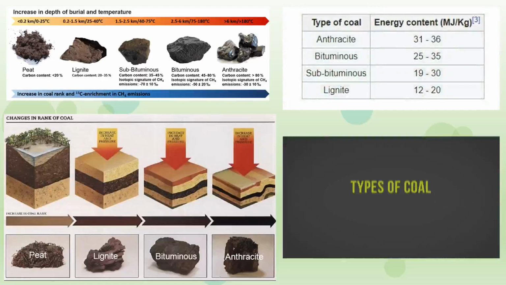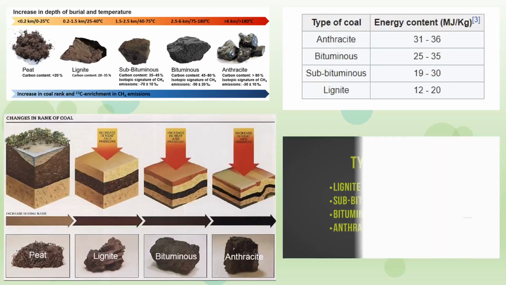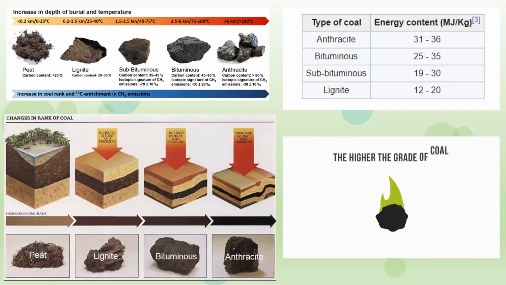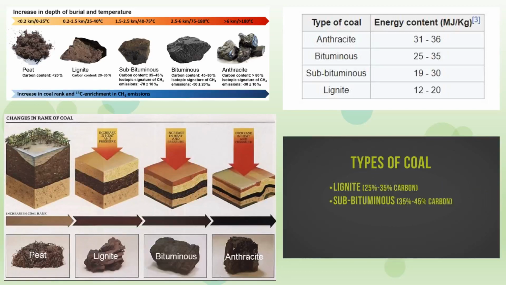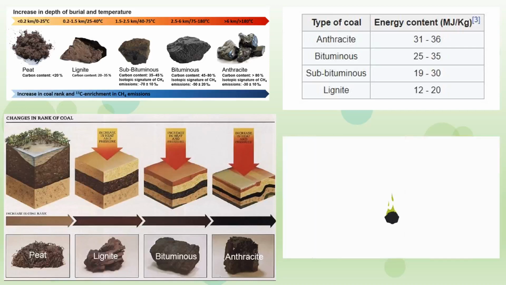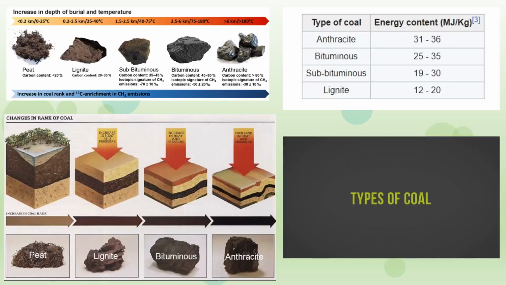Anthracite has the highest energy content of all the coal types. It is 31 to 36 megajoules per kilogram. Bituminous has 25 to 35. Subbituminous has 19 to 30. Lignite has 12 to 20.